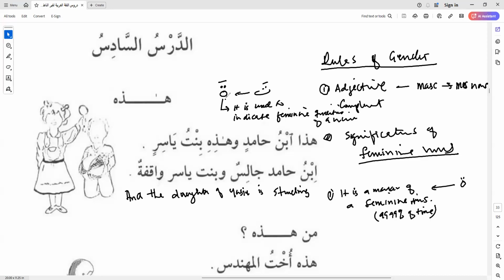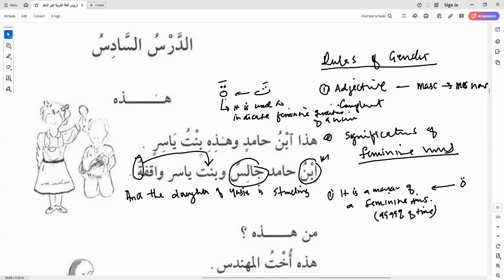Okay. So in Lughat al-Arabiyya, you form your own feminine noun by adding what we've just discussed, the taw marbuta. So as you can see here, Ibnu Hamid Jalisun, and then Wabintu Yasir Waqifatun. So this ta is telling you that the person standing is a woman. That's Bintun, daughter. And then Ibnu, son, is a male, so you see that it's jalisun.